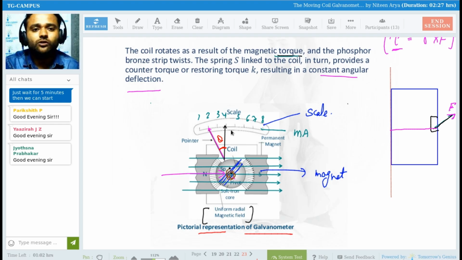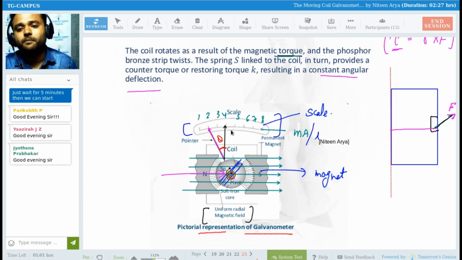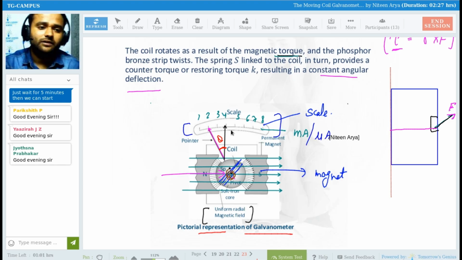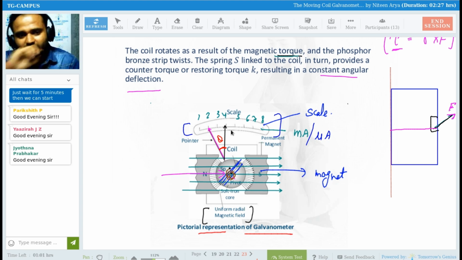Due to this deflection on this particular scale, we can find the milliampere or microampere range current. Is this clear, everyone? If you understand what I am saying right now, after this everything is formulation, nothing more than this.